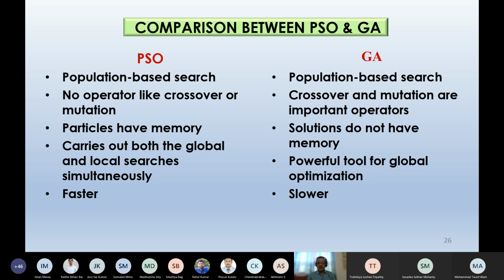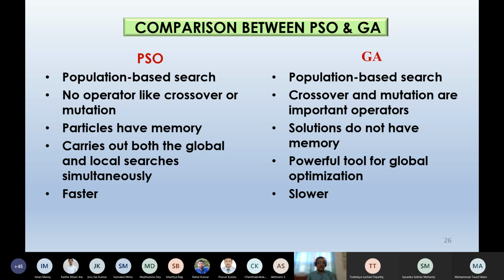In genetic algorithm, we have got the operators like crossover and mutation, but in PSO, there is no such operator like crossover and mutation, and consequently, PSO is faster than genetic algorithm. Now, as I told, the genetic algorithm solutions do not have memory, but PSO particles have memory. Once again, I'll be coming back to that after some time.